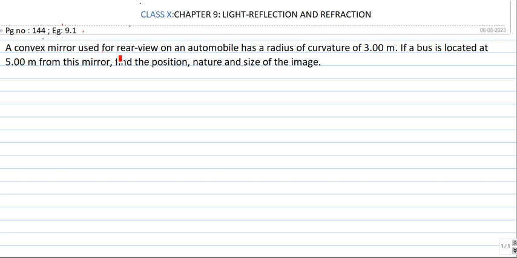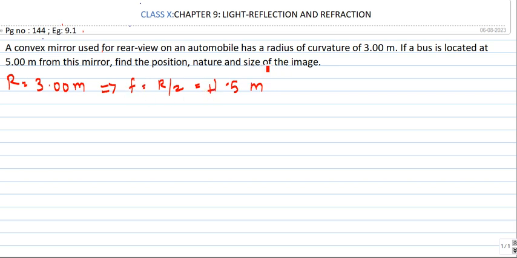A convex mirror used for rear view on an automobile has a radius of curvature of 3 meters, which means R is equal to 3 meters. This implies your focal length is given by R by 2, which is 1.5 meters. So this is positive.